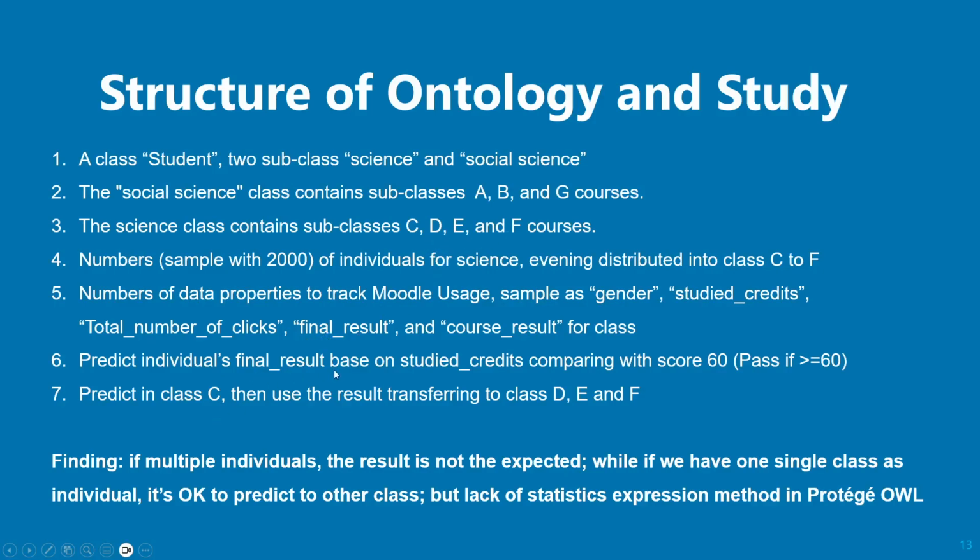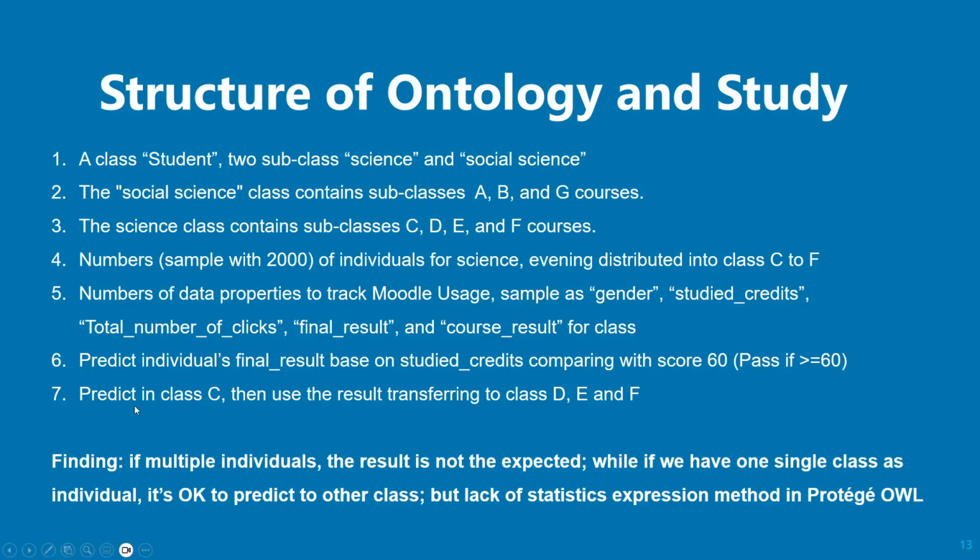And for the final result, the rule will be: I only check credit. If credit is more than or equal to 60, then I give the final result pass. Otherwise it is fail. Pass means 1, fail means 0. I know there will be a lot of other factors, but if we are okay on one simple rule, I hope that can be extended.